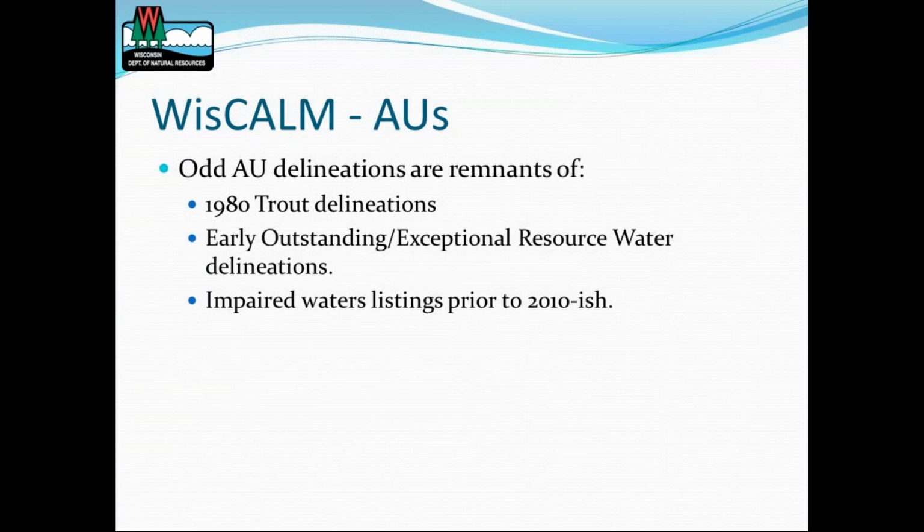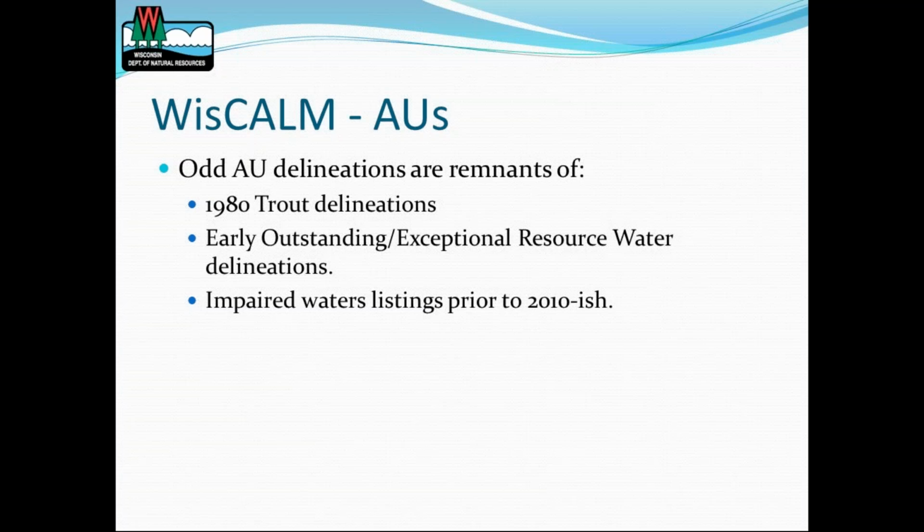I call them odd delineations because they don't quite make sense with how the water body is changing or the use of it. Some of these are due to 1980 Trout delineations or outstanding exceptional resource water delineations, and sometimes are impaired waters listings prior to 2010.